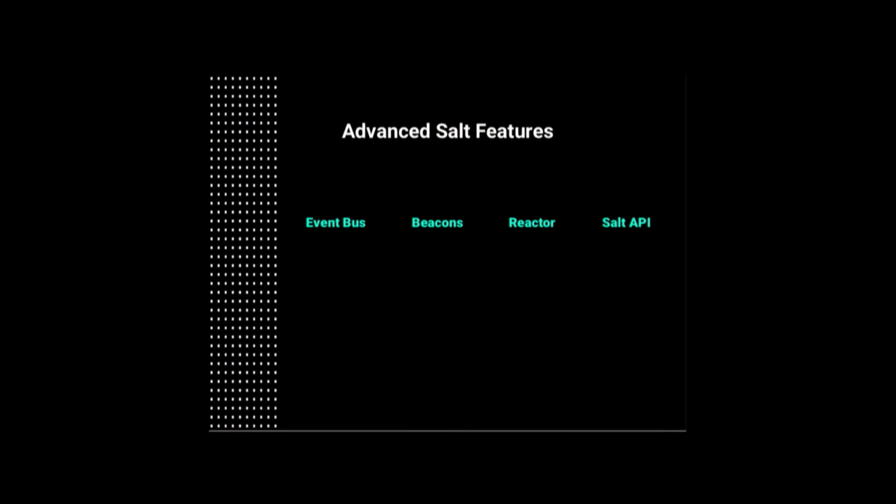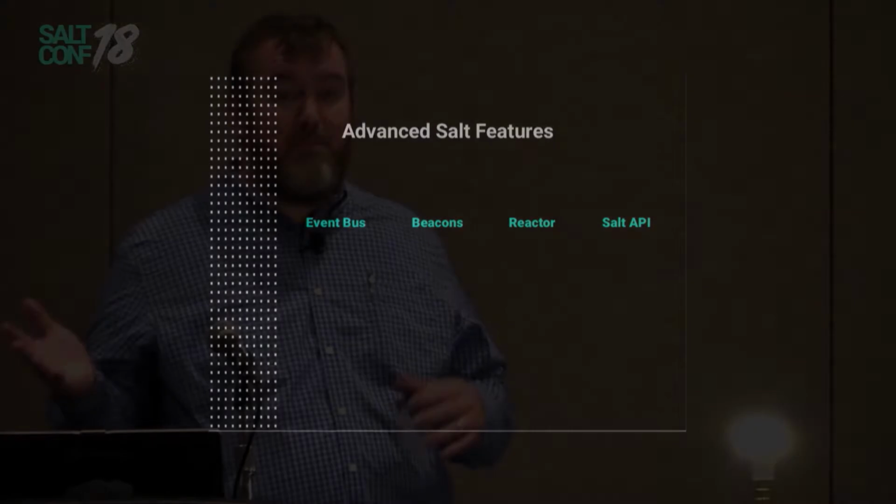Some advanced topics, like I mentioned, are the event bus, beacons, reactors, and Salt API. There's a lot more, but these are some of the first things that people get into when they get beyond just configuration management.